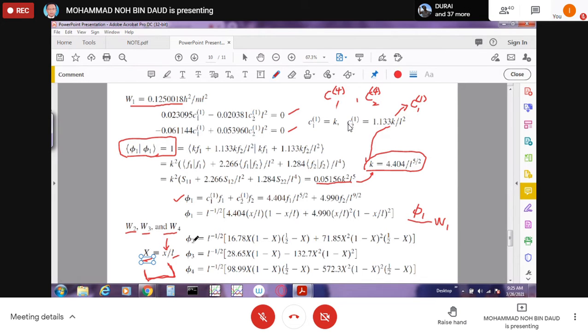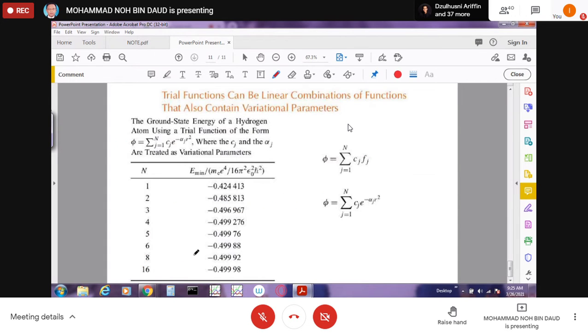So we can plot phi 1, phi 2, phi 3, and phi 4. This is the general formula for trial functions, where we can include Slater type orbitals. So this is Slater type orbitals.